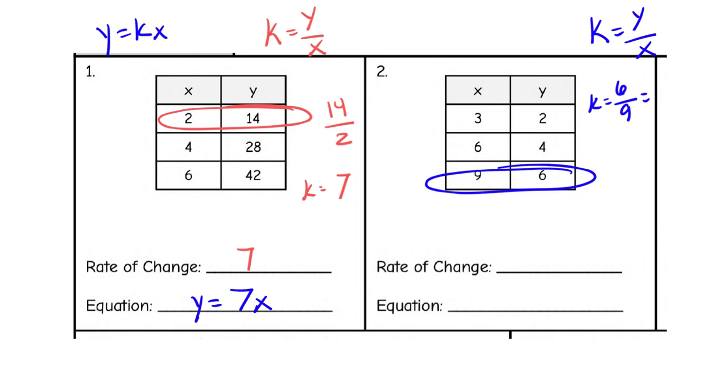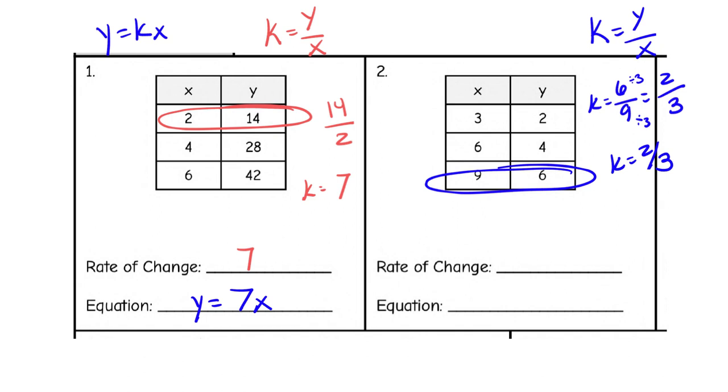Looking at both those numbers, I know they are multiples of 3. So 6 divided by 3 gives me 2, and 9 divided by 3 gives me 3. So k equals 2/3. Leave it in fraction form for right now, unless they ask for it in decimal.